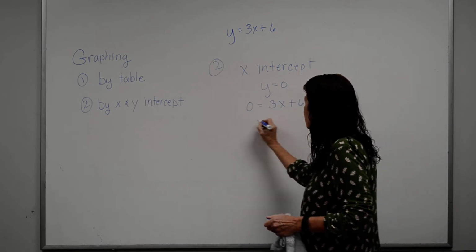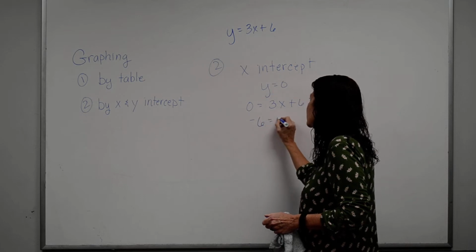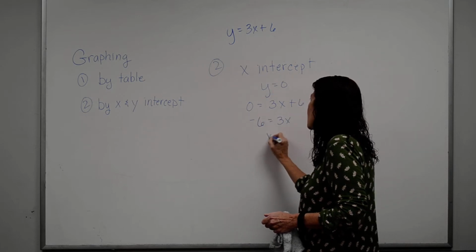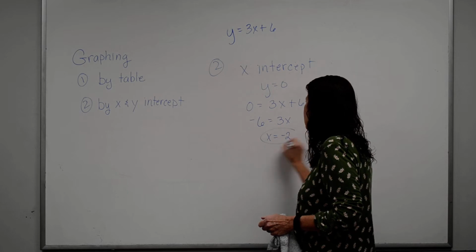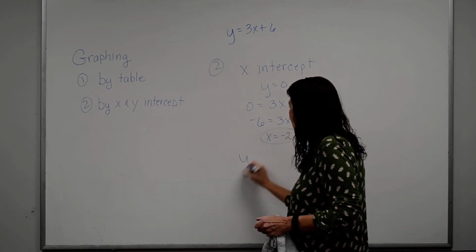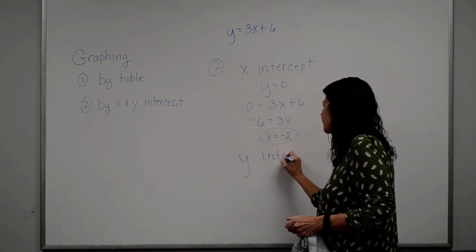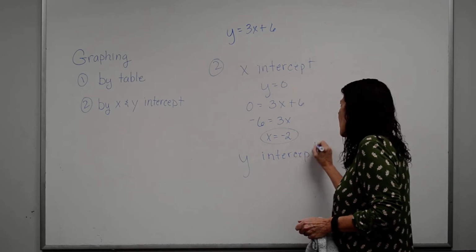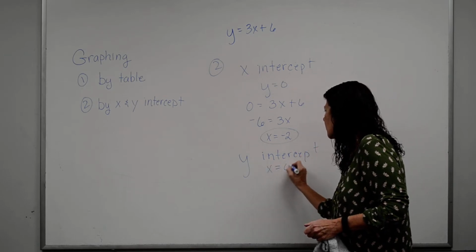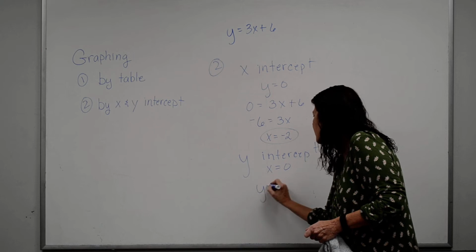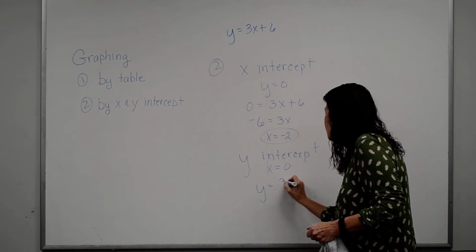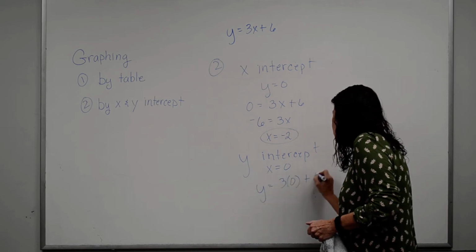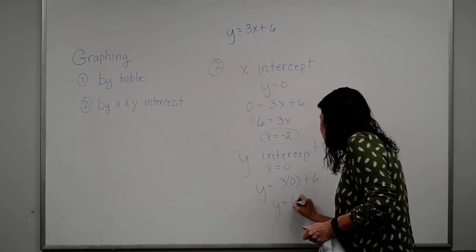Then I'm going to have to solve for the x. So I have -6 is equal to 3x, or x is equal to -2. Y-intercept, I let x equal 0. So I have y is equal to 3 times 0 plus 6, or y is equal to 6.